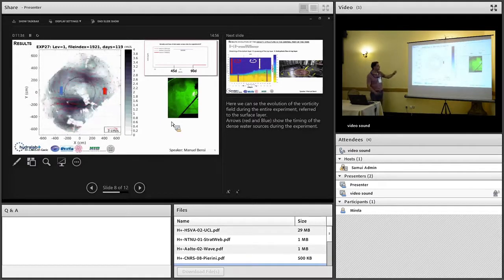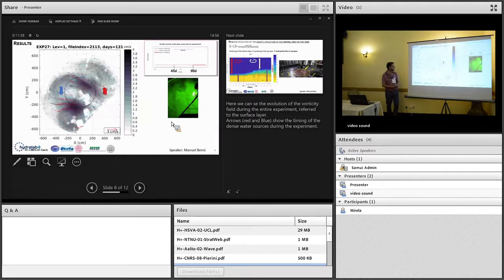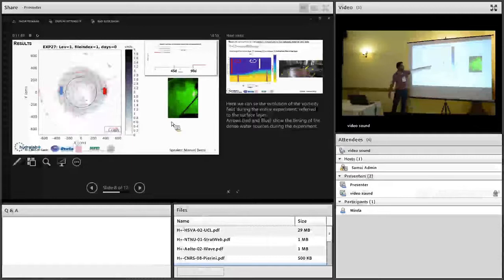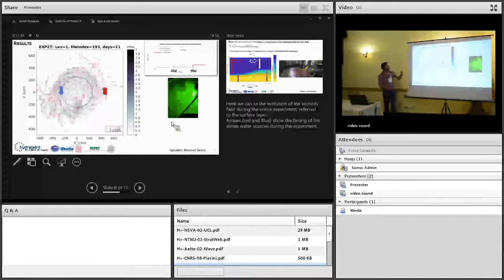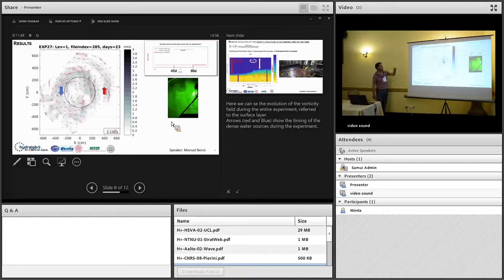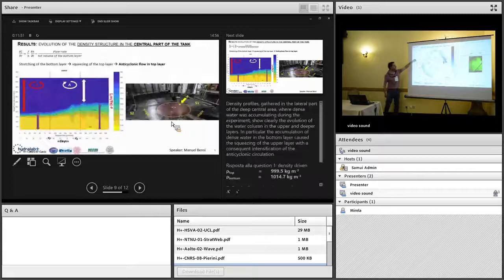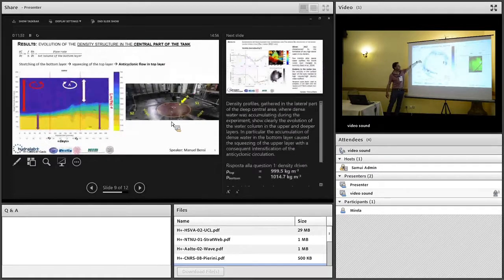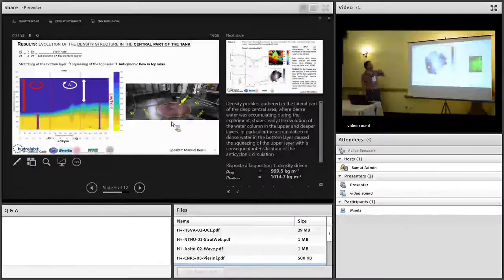Here you can see the evolution of the vorticity at the surface, and the arrow indicates where the dense water was released according to the timing, which is in the upper part. You can see, for example, that now we started injecting dense water, and the system reacted, increasing speeds within the tank, but most of all changing the vorticity in the upper layer.